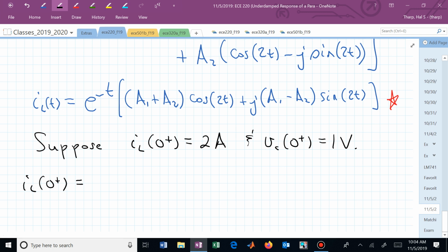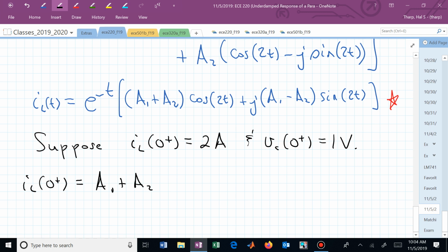That's now going to be, and now I'm evaluating star at time 0. Do you see that the sine piece goes away? Sine of 0 is 0. The imaginary part goes, and we have e to the 0 is 1, and cosine of 0 is 1.